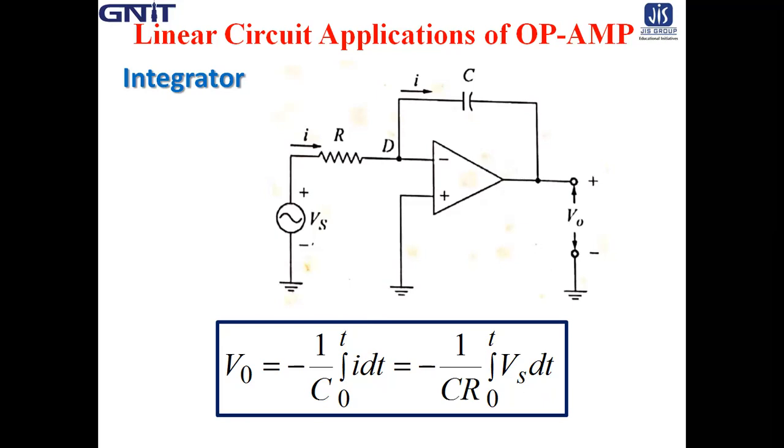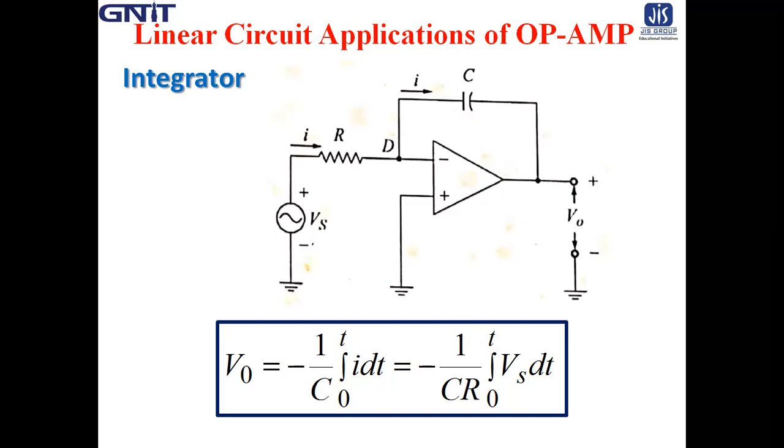For example, if the input to the integrator is, say, a sine wave, the output will be a cosine wave, and an input square wave will produce a triangular wave at the output.